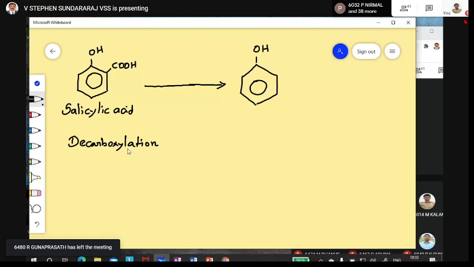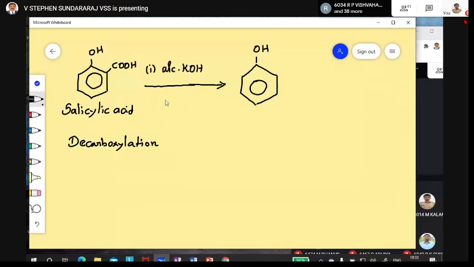What is the reagent? Alcoholic KOH? This is called dehydrogenation. Tell me what we used last year in the hydrocarbon chapter for methane preparation. What is the reagent name? Soda lime.